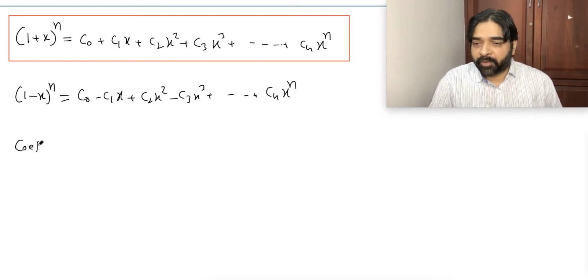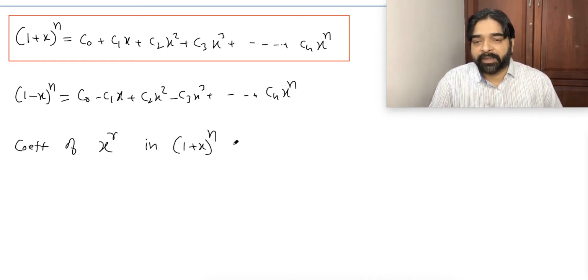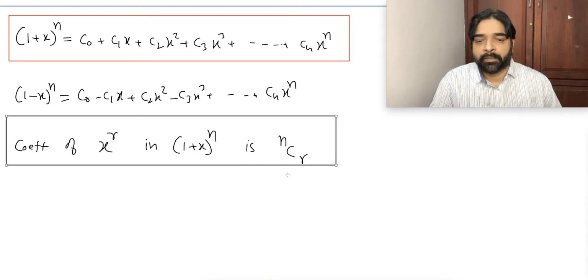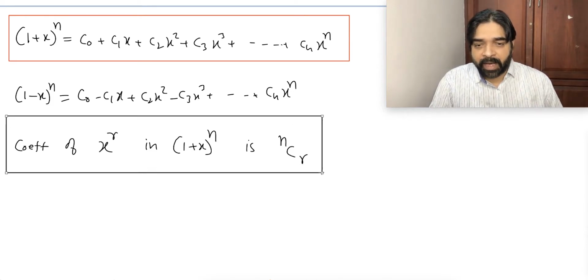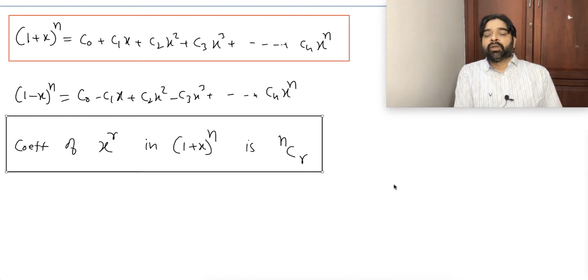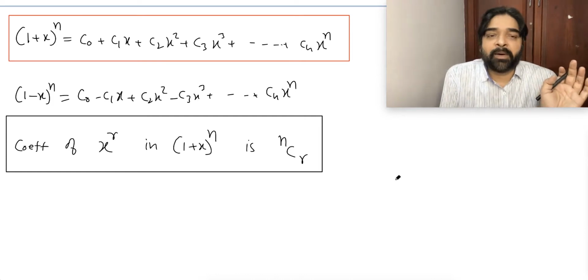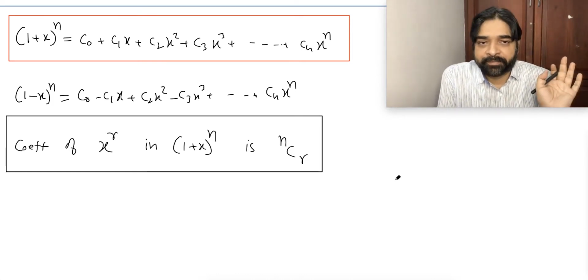The coefficient of x^r in (1 + x)^n is nCr.